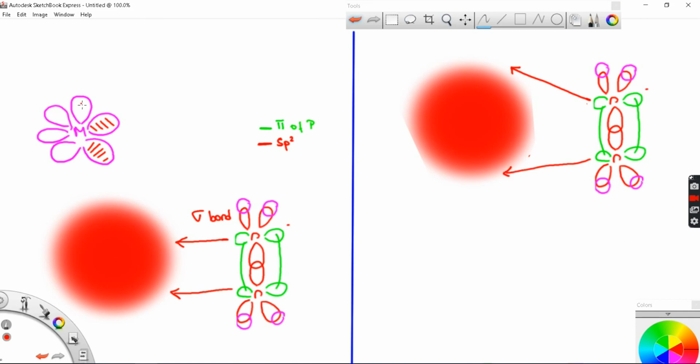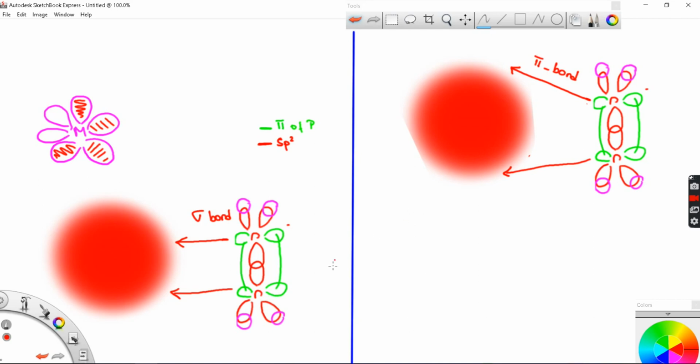I will suppose that it is with an orbital, for example. Okay, so this is a pi bond.